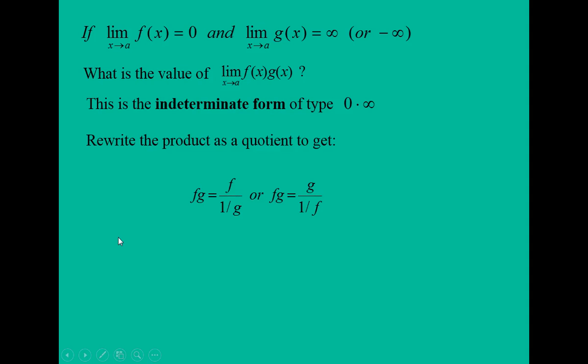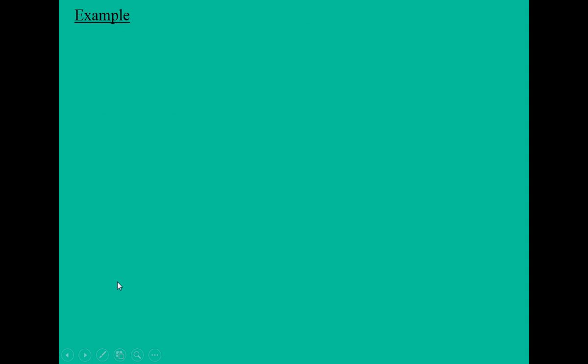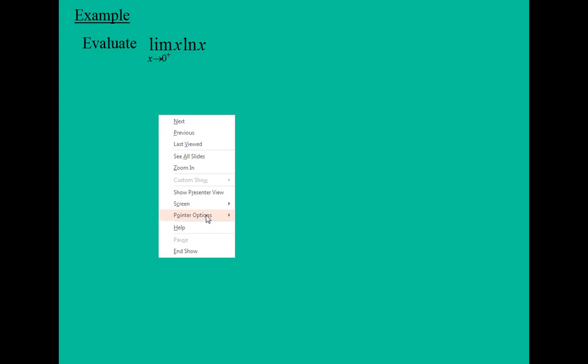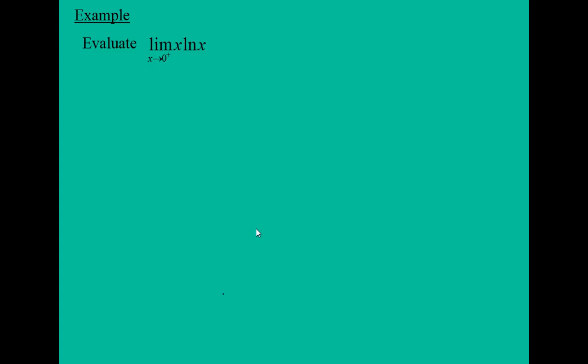So we rewrite the product as a quotient, and then we can apply L'Hopital's rule because we get the indeterminate form 0 over 0 or infinity over infinity. Here's an example. If we have the limit of x times ln of x as x approaches 0 from the right, first off, if we directly substitute 0 in for x, we would get 0.